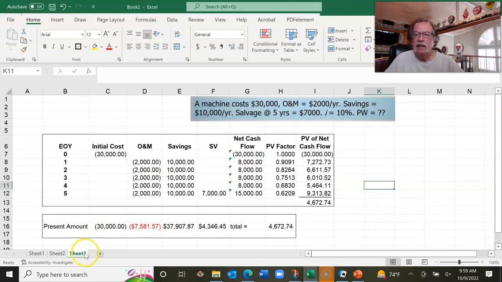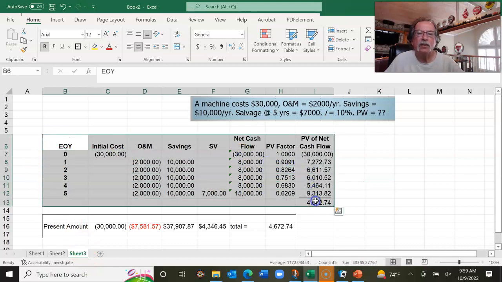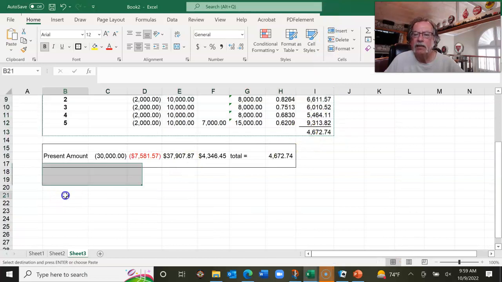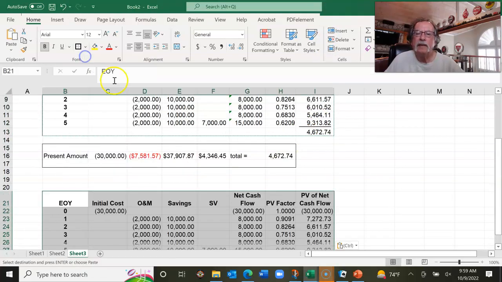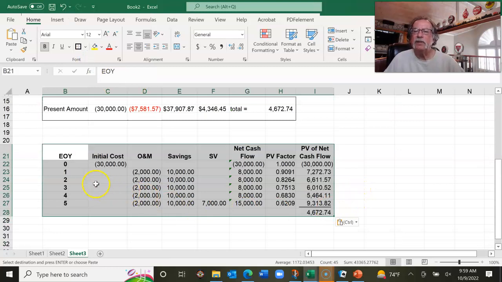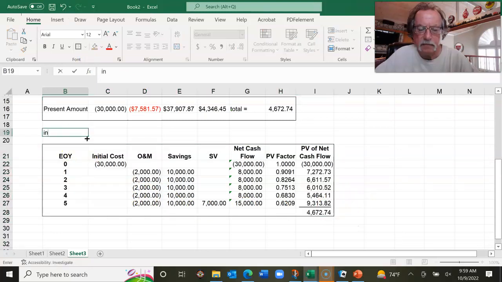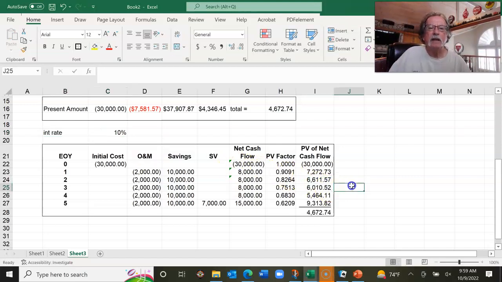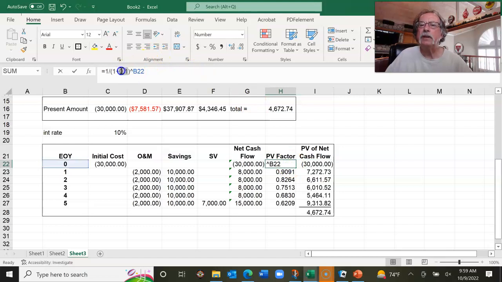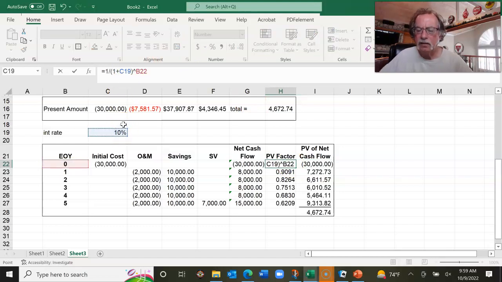Okay. So let me just copy this over here. Okay, same thing. I'm going to use the interest rate. I'm going to make it 10%. Okay, and instead of hard coding 10% into the PV factor, I'm going to refer to this cell.